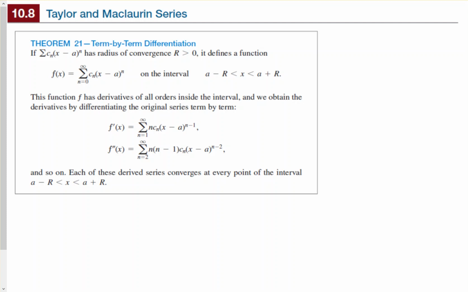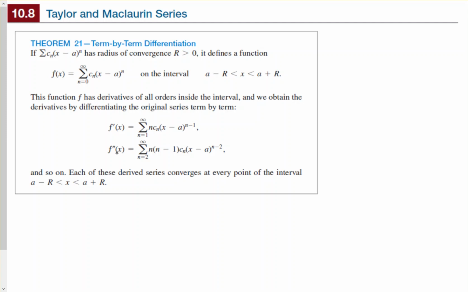We first start by reminding ourselves of Theorem 21, term-by-term differentiation. If we have a function equal to a power series on some interval, then we could also express the first derivative of the function, and we would use the power rule: take n and multiply by cn, and drop the power on the n.